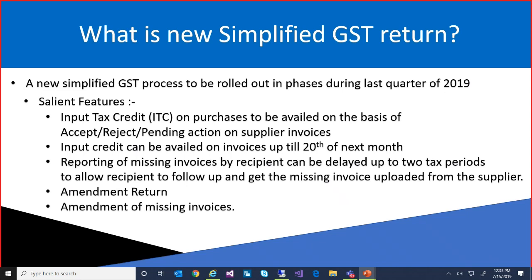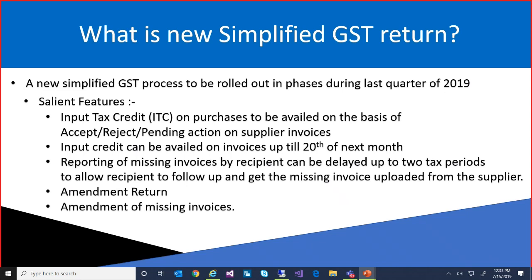But going forward, if you file your April invoices in the month of September, the respective invoices will appear in the April month and your April liability will be displayed, which you have to pay along with the September liability. When you file your April invoices in September, your April and September liability will be determined. You will club the liability and make a payment to the government, but in the respective month, the liability will display.